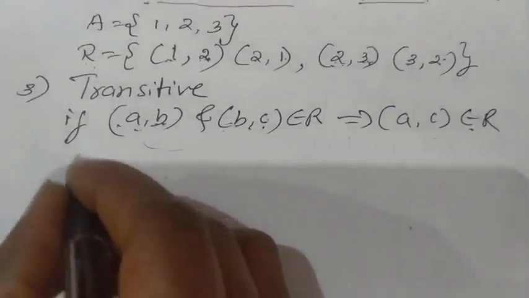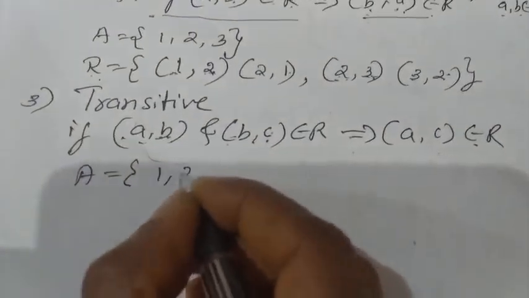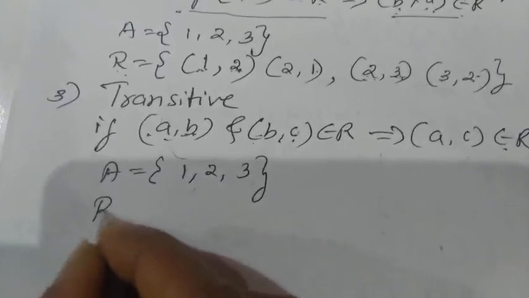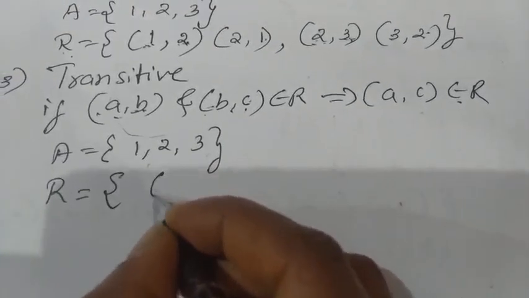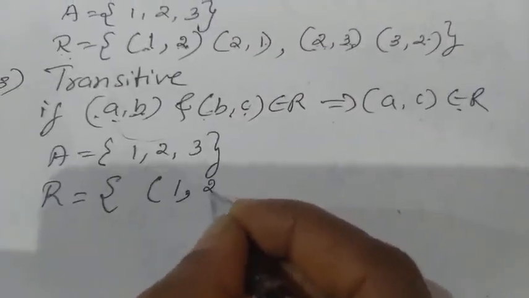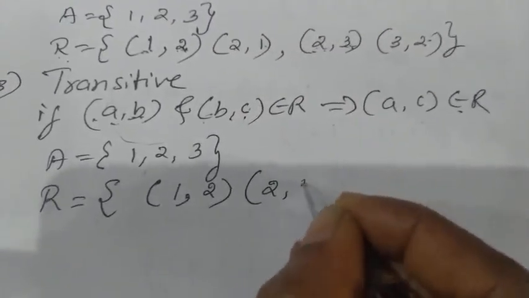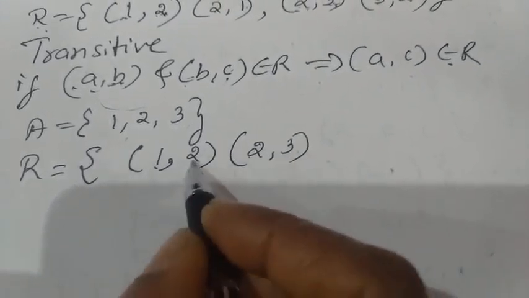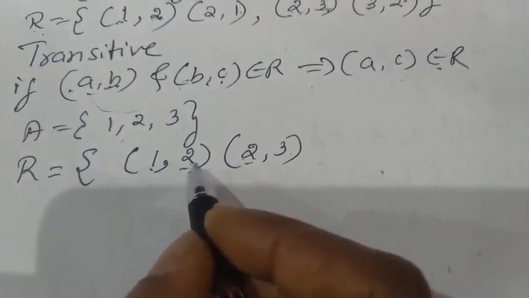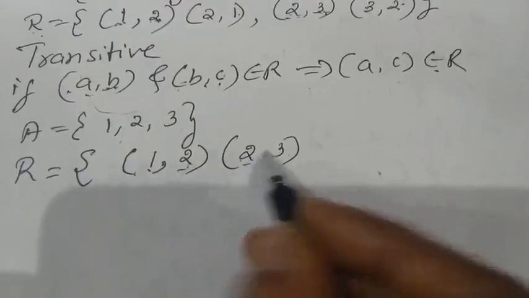I will write one example. A is 1, 2, 3. R is equal to, I will give one example like this: (1, 2), (2, 3). Look at this. (a, b), (b, c): these two elements must be the same. (1, 2), (2, 3).